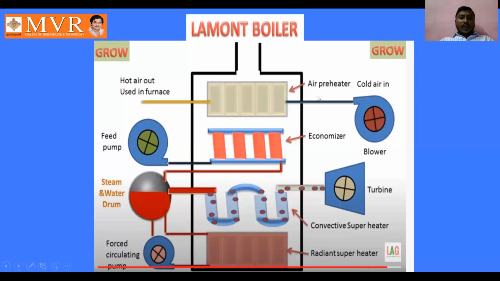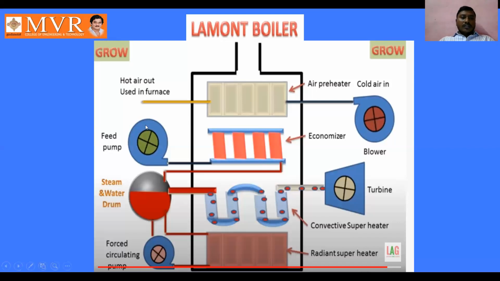Once again, I will explain this Lamont boiler. By using a pump, cold air is sucked in and transferred into the air preheater. Here the air is heated, and it generates hot air for use in the furnace for the combustion process.